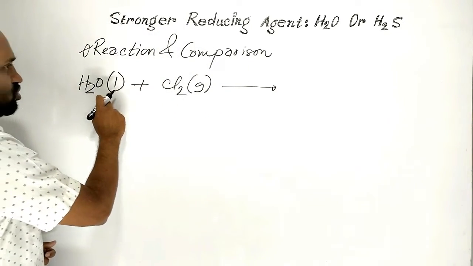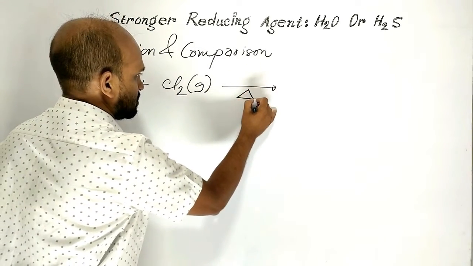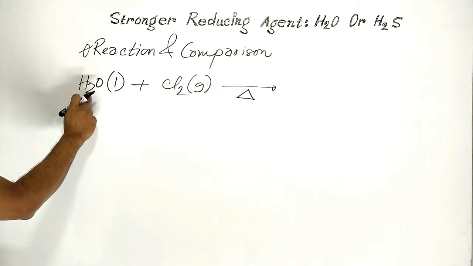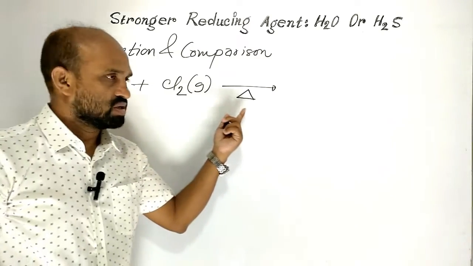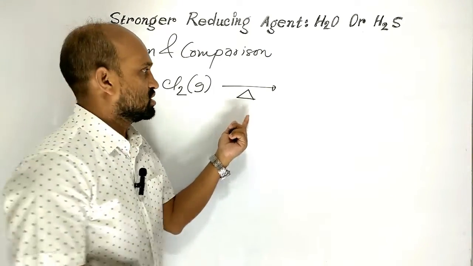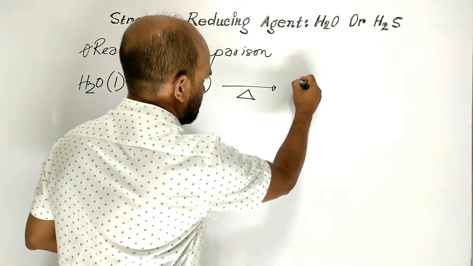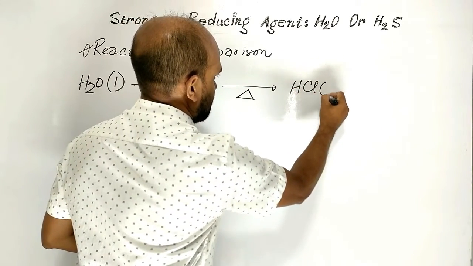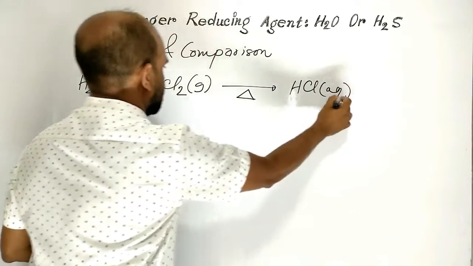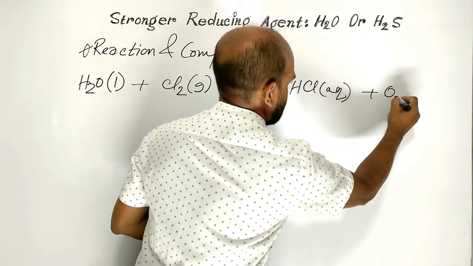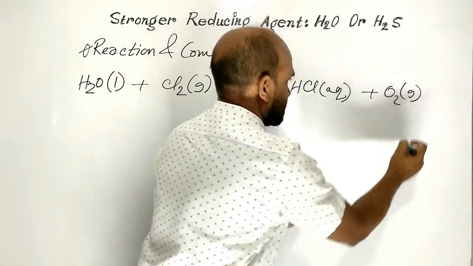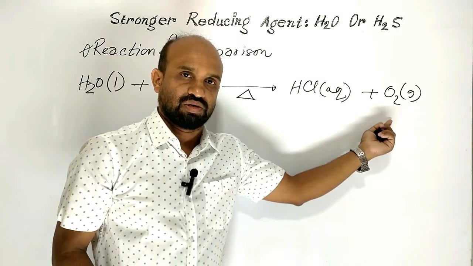Here, hot water is required because we know hydrogen oxygen bond in water is a stronger bond. That is why heat is required. The products are HCl aqueous because here water present, and oxygen which is gaseous at normal condition.